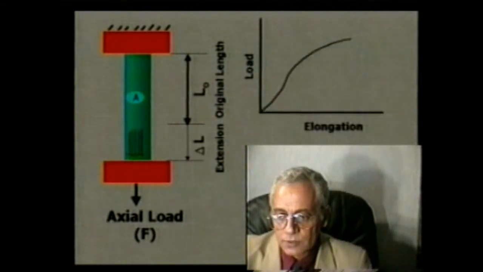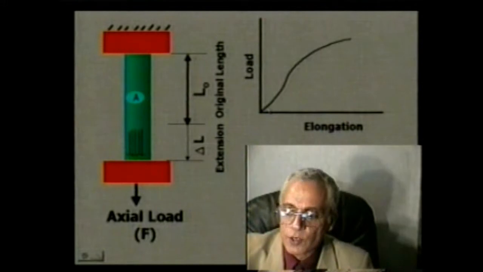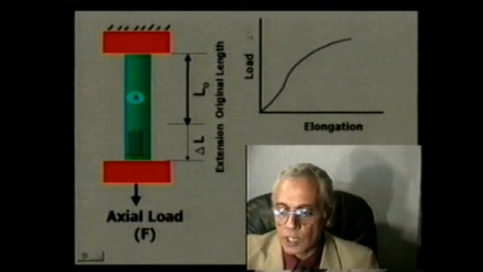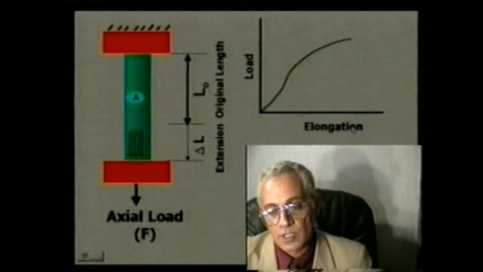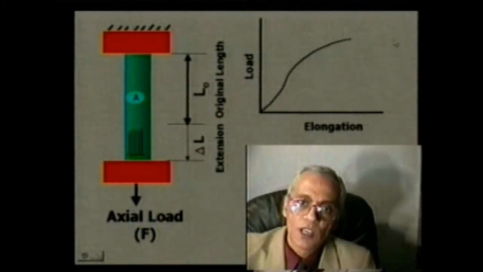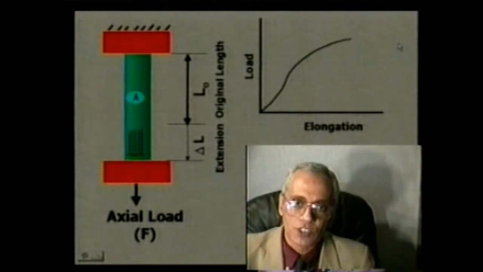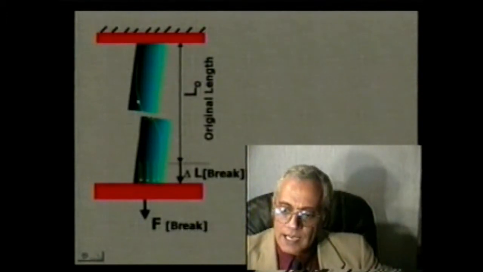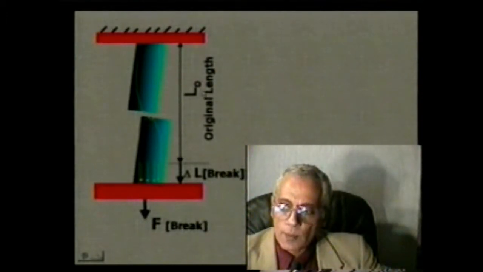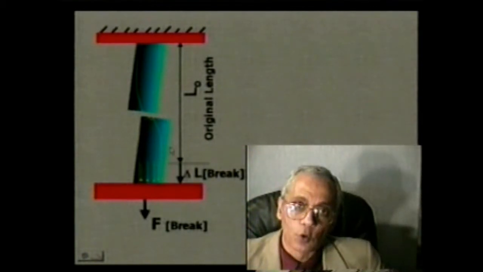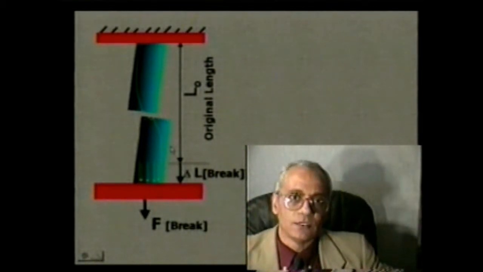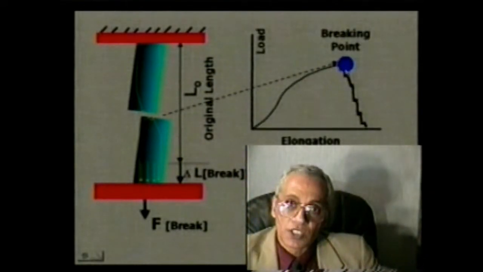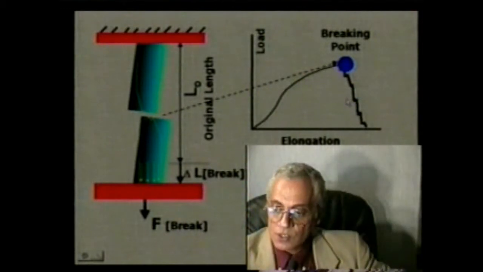To go further, we have to describe the phenomenon graphically as well. Typically we use the so-called load elongation curve, which describes the process of the tension buildup as we stretch the material all the way to the breaking point. At this point where the material ruptures completely or breaks, we have the end of the load elongation curve, or the end of the stress-strain curve, as we will discuss shortly.